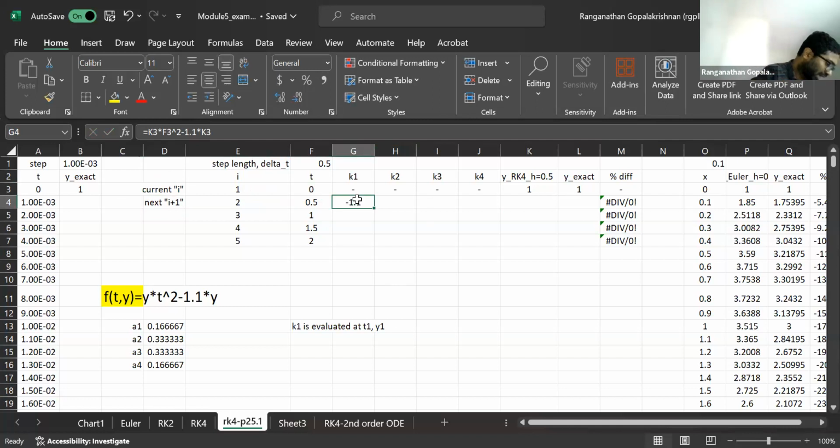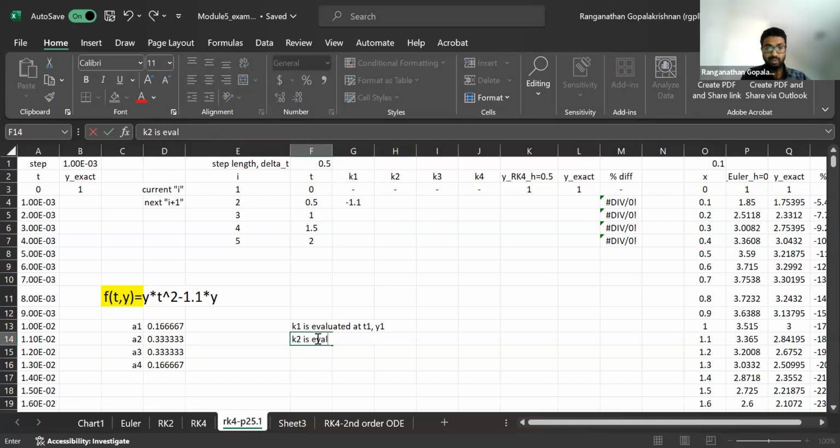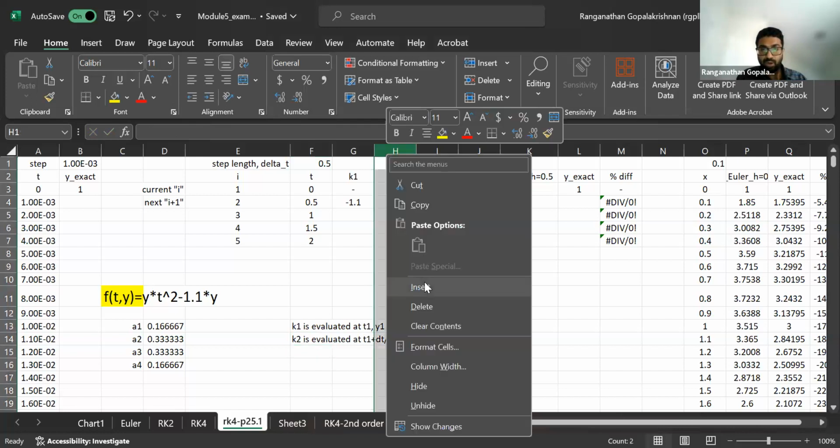Okay, so now let's go to K2. To compute K2, I'll write here, K2 is evaluated at T1 plus delta T divided by 2 and Y1 plus half times K1 times delta T. So I need to add two columns.